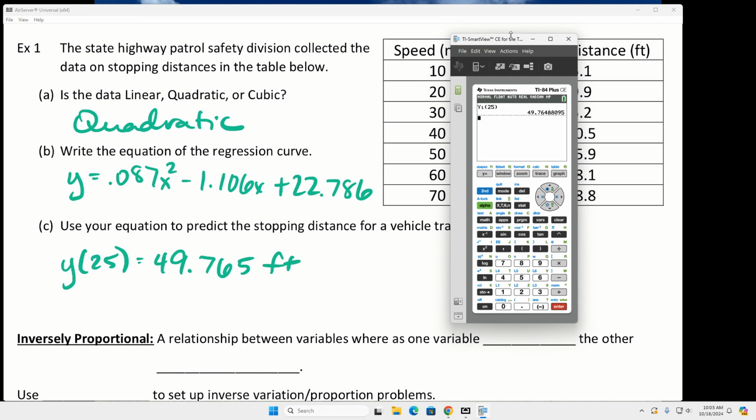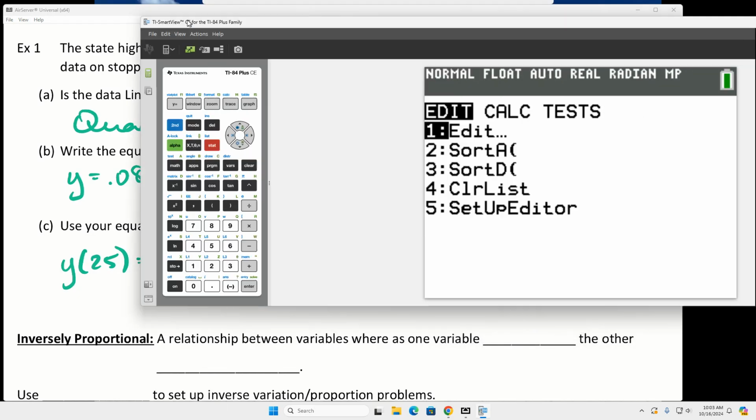So you can't use that. You can't use that Y1 of 25 if you didn't do the step where you stored the regression equation there. So don't type it in there. That's a waste of time. If you're going to type it in, just type it in and put 25 in for it. So to save yourself time, and you don't have to do this, it's just, I think, super smart.